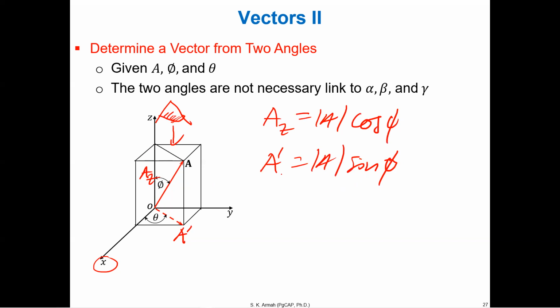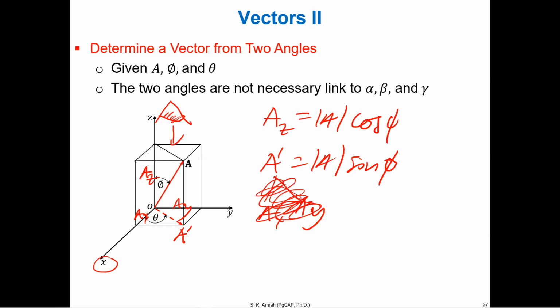Then how do we extract our Ax and Ay from this? If I resolve this one that way, that will give my Ax. If I resolve that way, that will give my Ay. Of course, if you want to write in ijk, you have to take the sign into account, which direction it is pointing to. So we take A prime and resolve it.